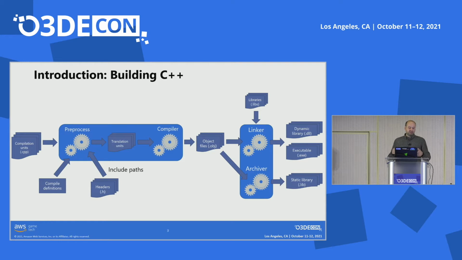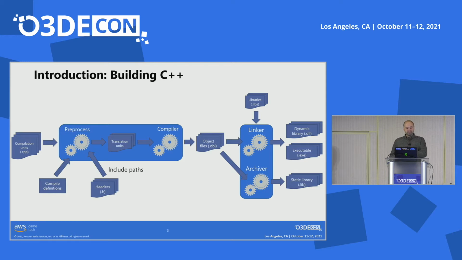So how building C++ works, you basically feed the compiler compilation units, CPPs. You also feed it compile definitions, include paths. You also feed it compiler flags. And that internally generates a translation unit where it expands all the includes and all the preprocessor defines, and then it feeds it into the compiler.